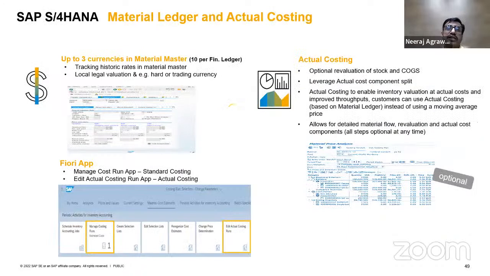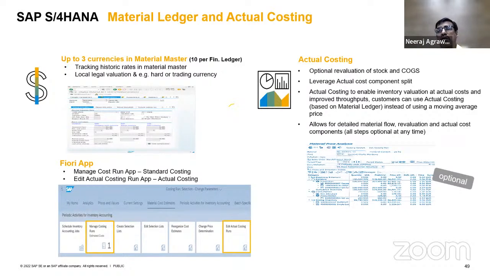So the same things that I had already spoken would be here. We have the capabilities from a material ledger and actual costing perspective, and we now have 3 currencies available in the material master, so that you can do the valuations at multiple currency levels.